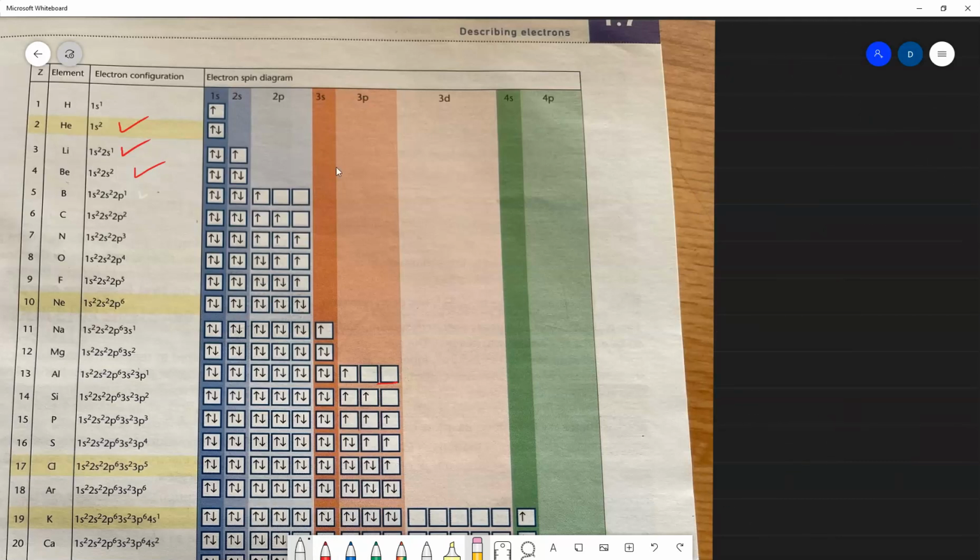Next is boron. Boron has 5 electrons, so that will be 1s2, 2s2 and 2p1.